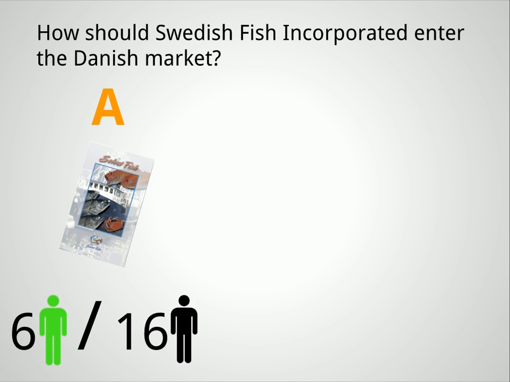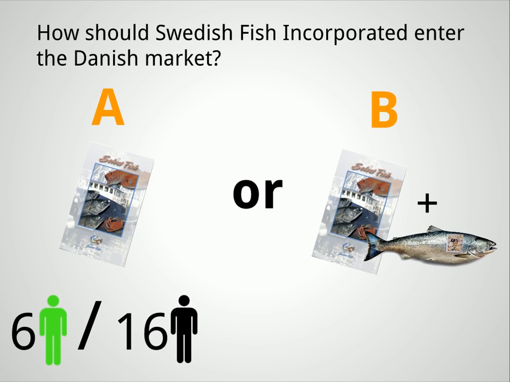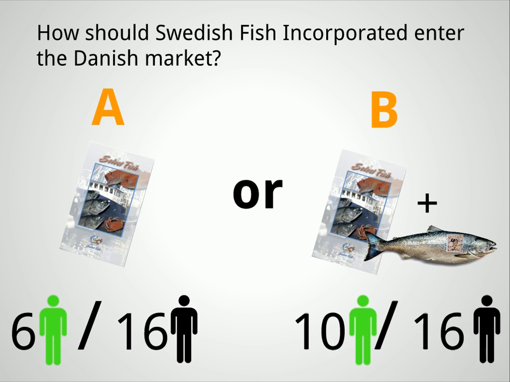The new method our CEO proposes, let's call it method B, involves sending out the very same colorful brochure, but this time accompanied by a sample frozen salmon. And marketing has actually already tried this method on another 16 Danes, and this time 10 out of 16 signed up. So what we now want to know is, which seems to be the better method?